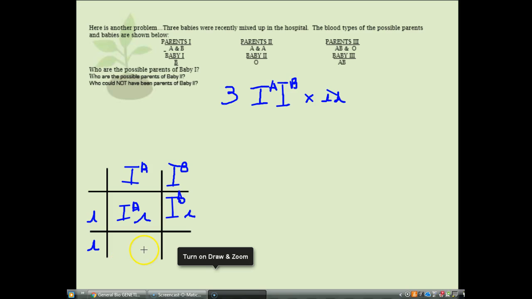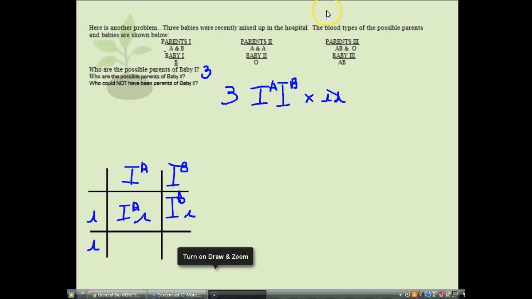So the only children they could have would be A type blood or B type blood. So parents 3 could probably be the parents to baby 1. So we're going to put 3 here. That's the first thing we're going to do.